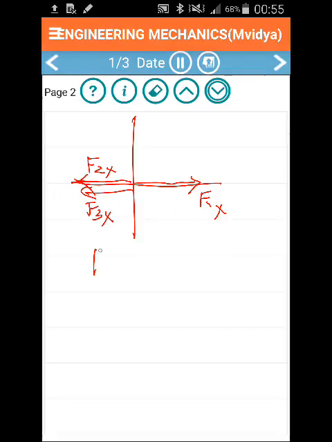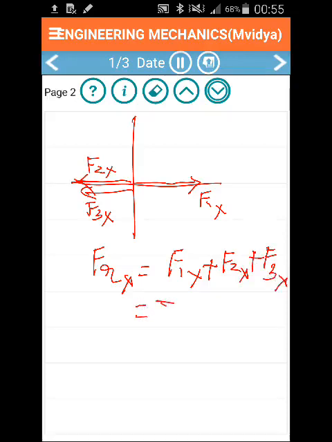So I can write the x component of the resultant, FRx, as the addition of F1x plus F2x plus F3x, that is summation Fix, the x components of all the forces. The F2x in this case is pointed along the negative x axis, so its value is going to be negative. So I don't have to worry about that, I just keep adding the x components of the forces.